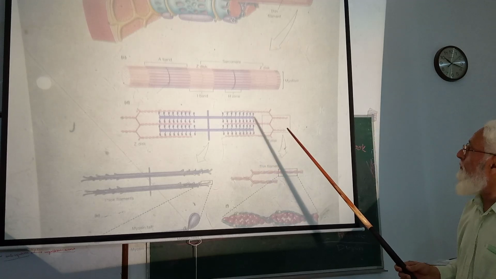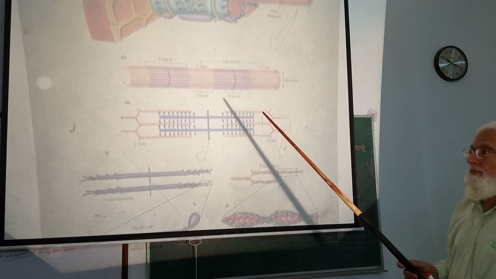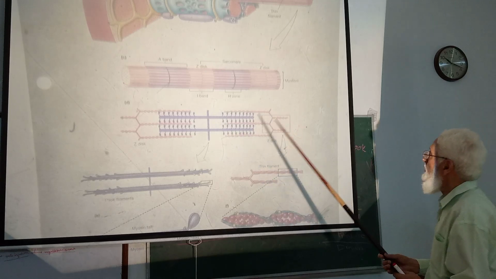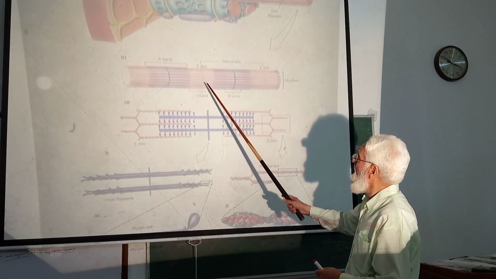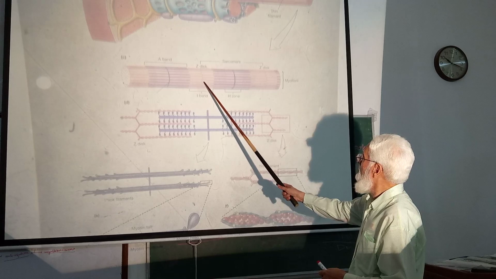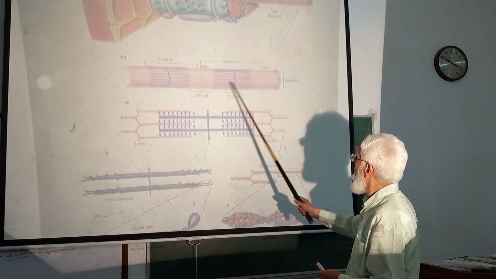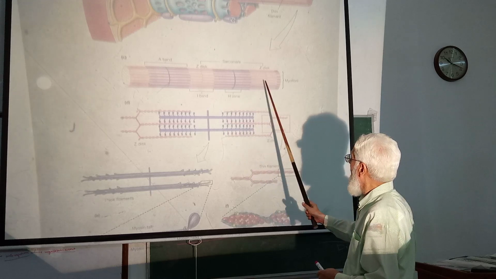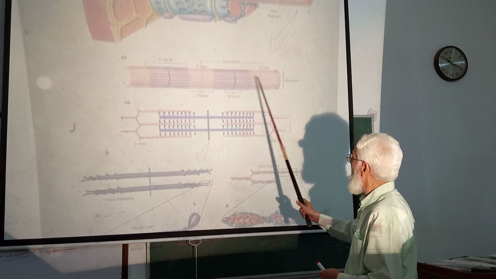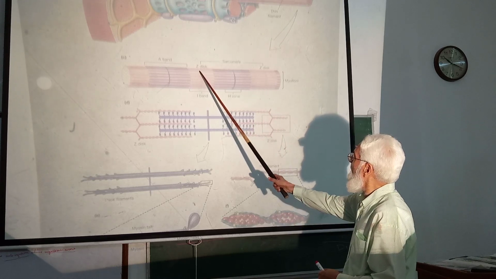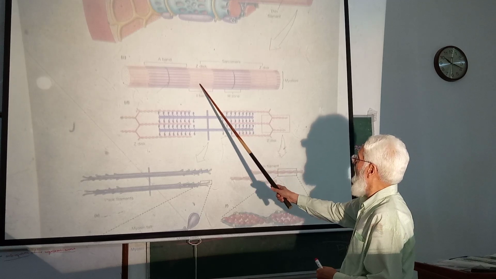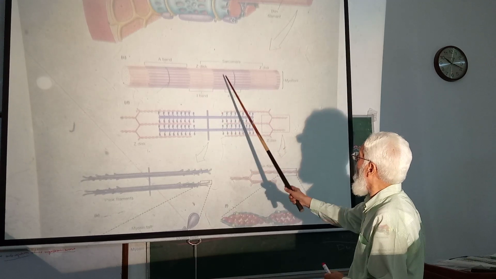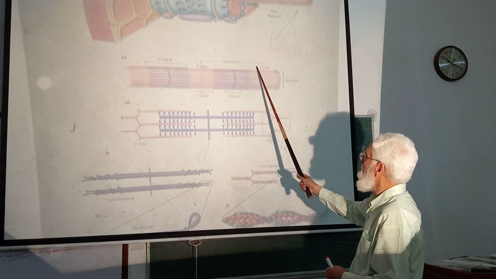The portion of the myofibril or the muscle fiber between two successive Z discs, one and the next, is called a sarcomere.